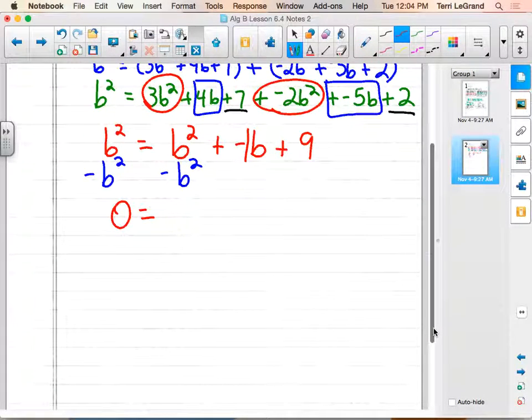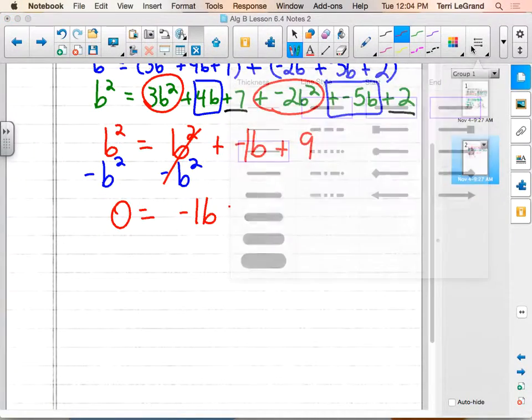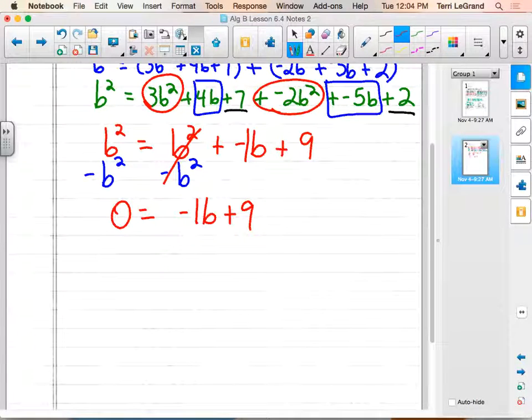B squared take away b squared, 0. We just go like that, don't we, when we're solving equations. Okay. And then we have a negative 1b plus 9. Okay. Is that all? No, we're not done.